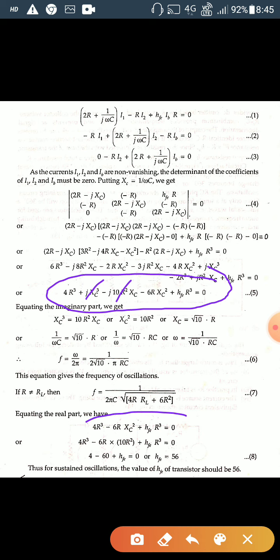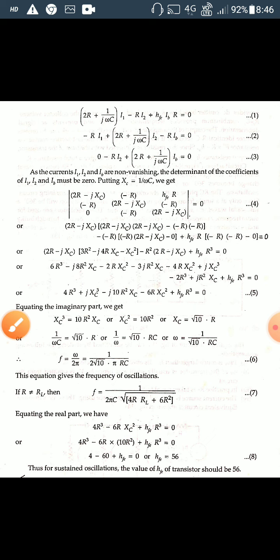From there you can identify the value of hfe. hfe will become 56. So this is the condition: you should choose a transistor where hfe is equal to 56 to sustain the oscillation using this circuit diagram, that is the phase shift oscillator.